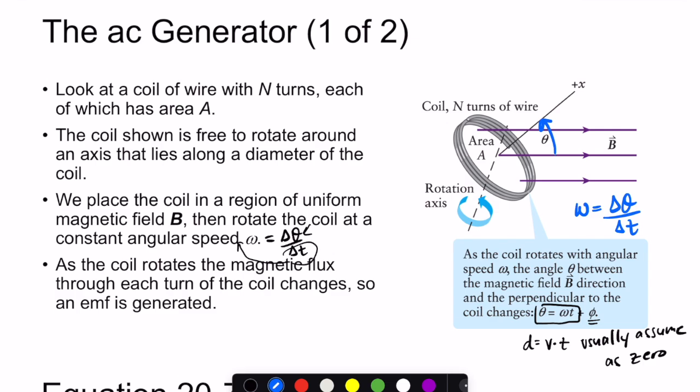So we can solve for theta and express theta in terms of its speed, right? Because we care about theta, because theta is the angle and theta goes in our flux equation. So we're going to take that speed, convert it back to theta in the same way that we would do for velocity, right? Velocity is distance over time. So to solve for distance, we would just put the time right here, right? We're doing the exact same thing here.